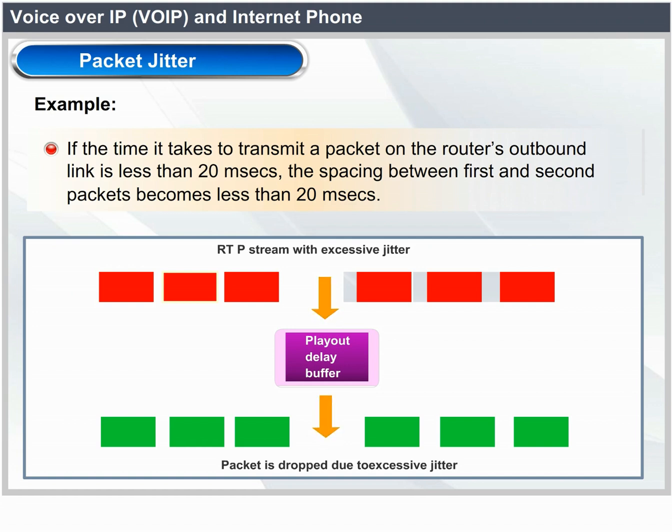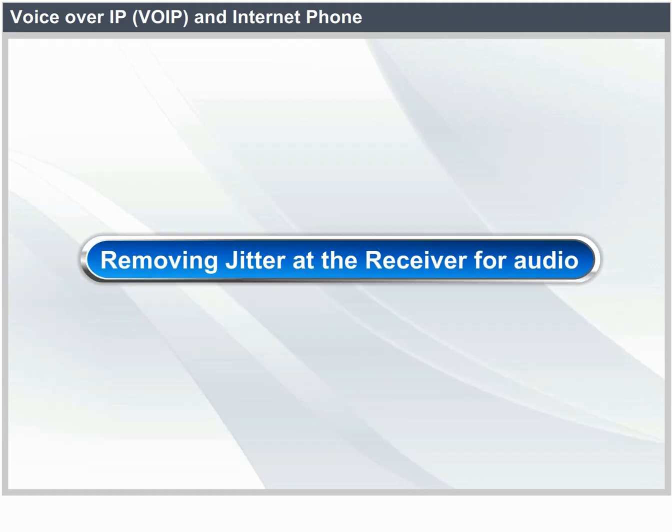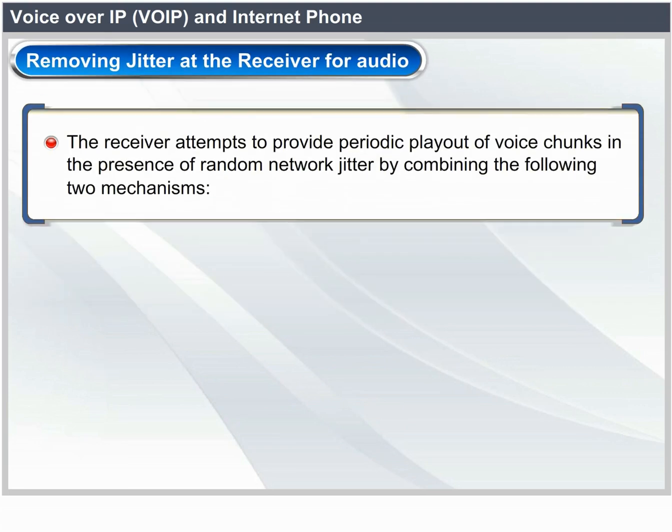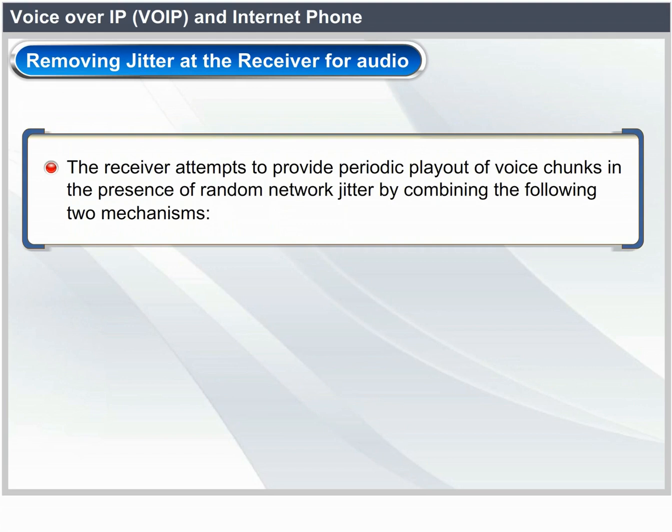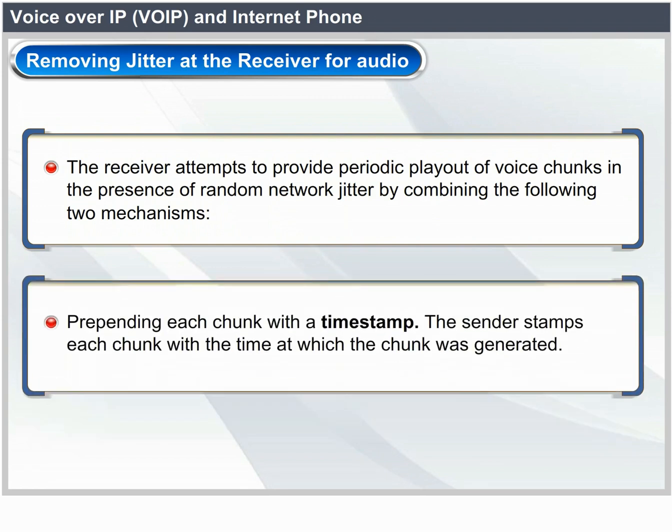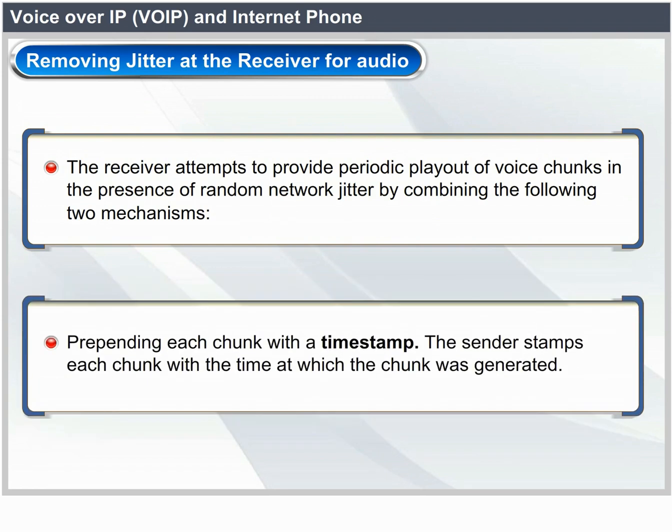Removing jitter at the receiver for audio. The receiver attempts to provide periodic playout of voice chunks in the presence of random network jitter by combining the following two mechanisms. Prepending each chunk with a timestamp: the sender stamps each chunk with the time at which the chunk was generated.